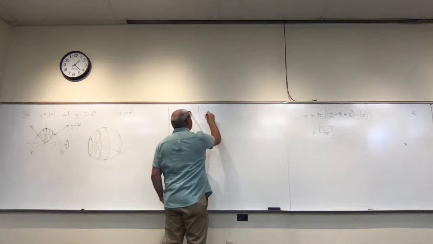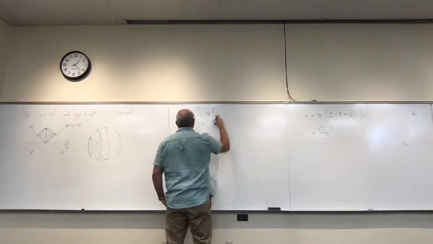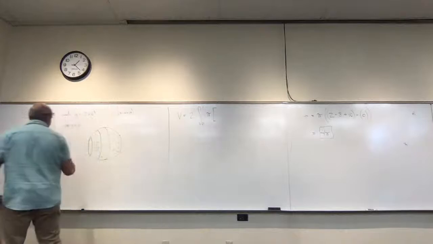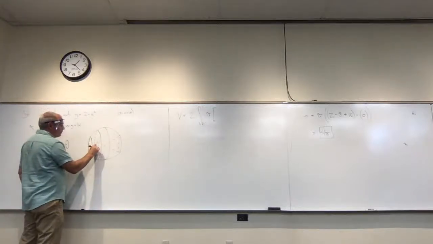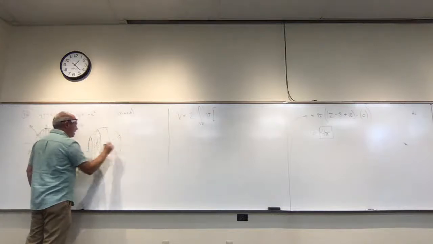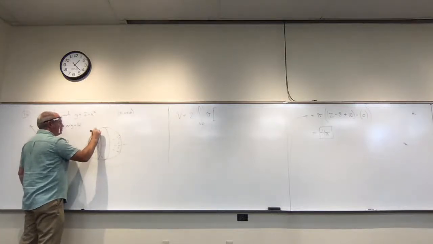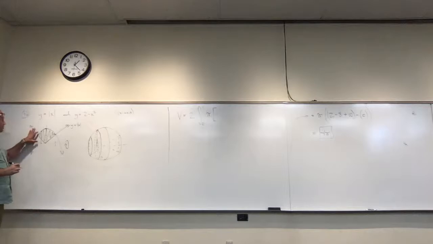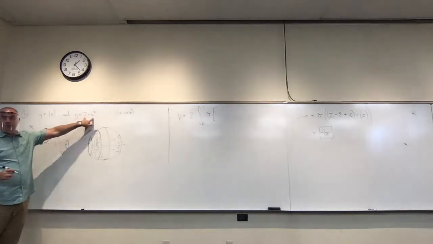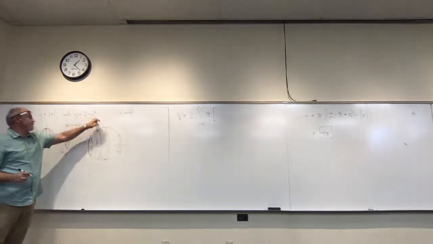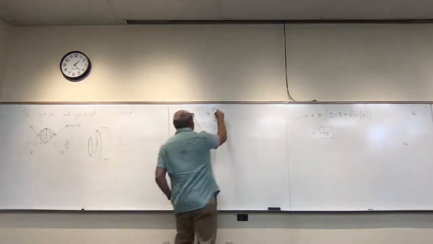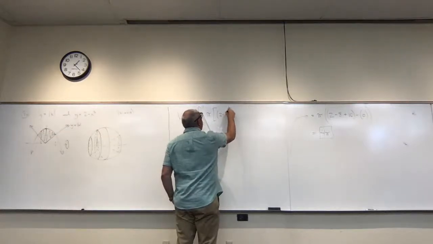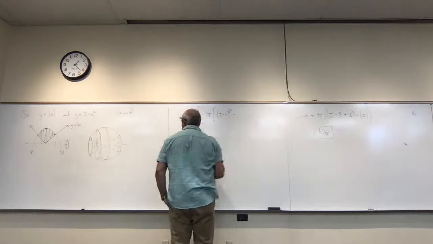The outer radius, if I'm at this washer, is from the middle, which is the x-axis, up to this function, which is just this functional value. So I just need to take 2 minus x squared and square it. So 2 minus x squared squared minus.